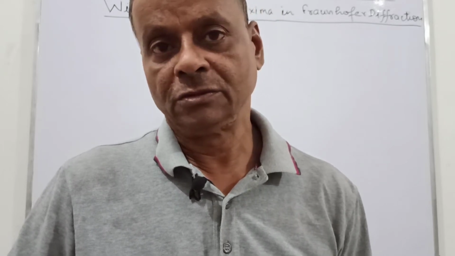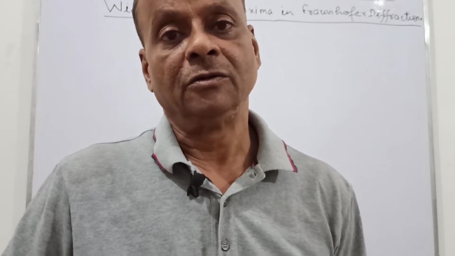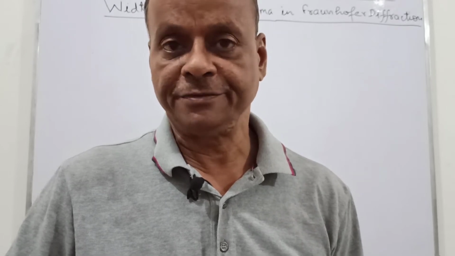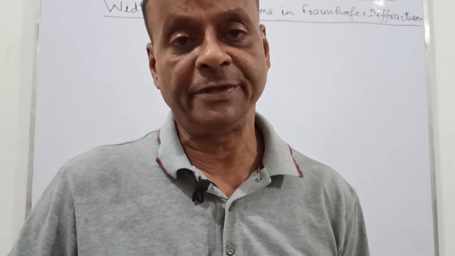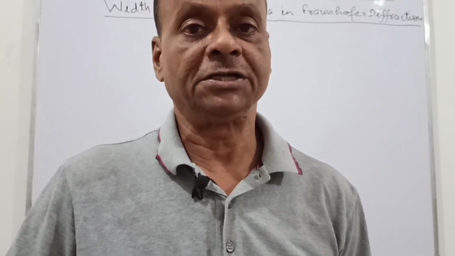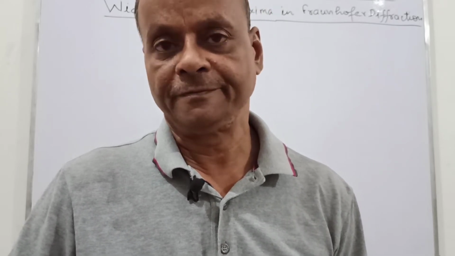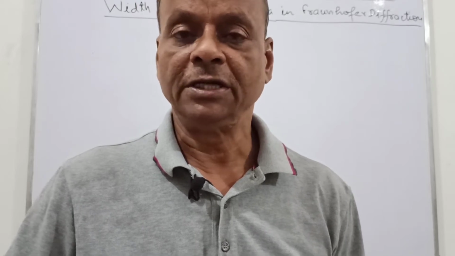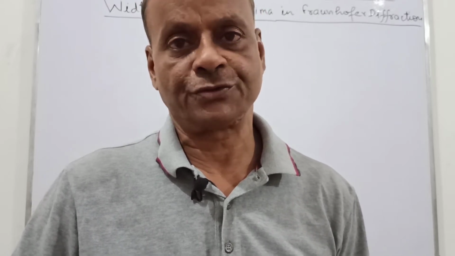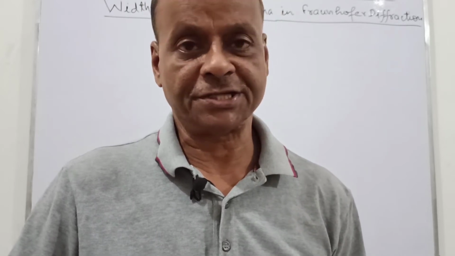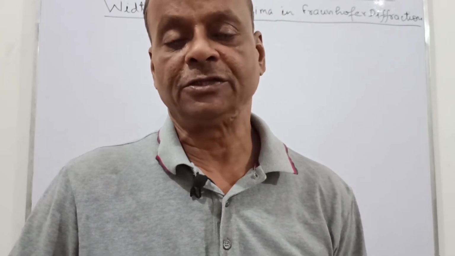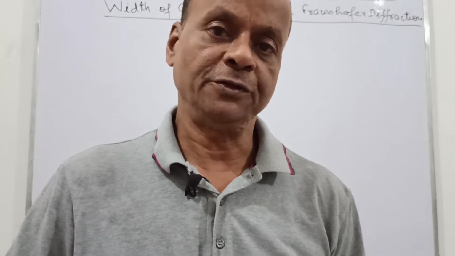Remaining all maxima are of very small intensity. So intensity of the first maxima, second maxima, third maxima decreases very sharply. This I have discussed in my previous videos. So now let us discuss the width of the central maximum.